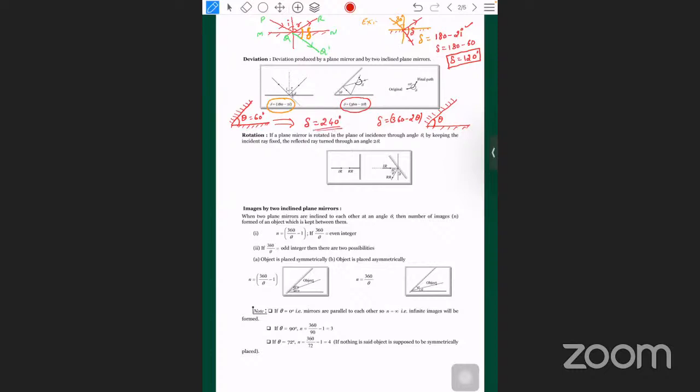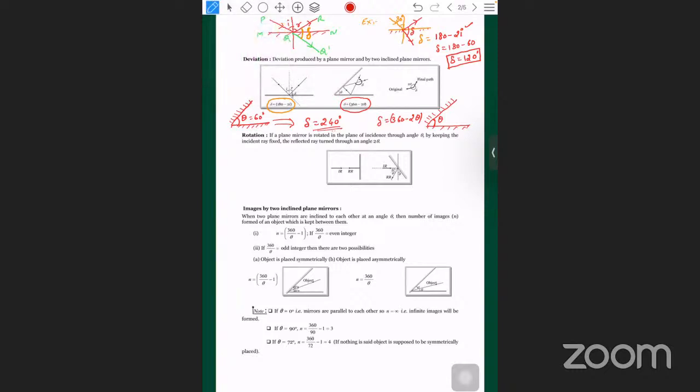In the second case, please remember, the angle of deviation does not depend on the angle of incidence. If you incident at 30 degrees, or 60 degrees, or 90 degrees, it won't matter. The angle of deviation will remain the same. Okay. Have you got my point? Yes, sir. Okay.